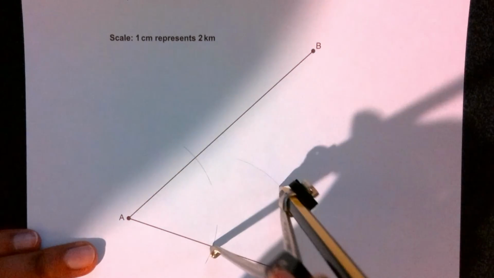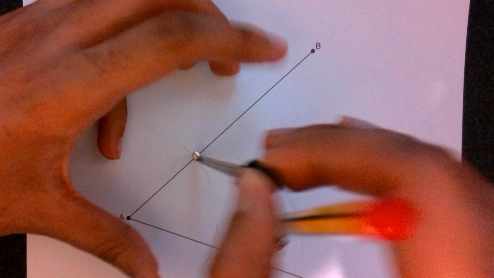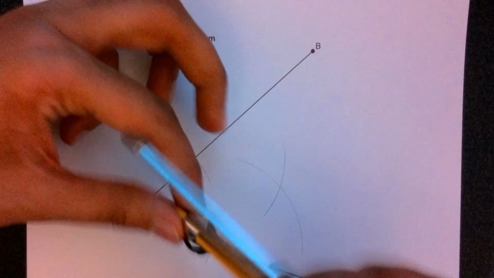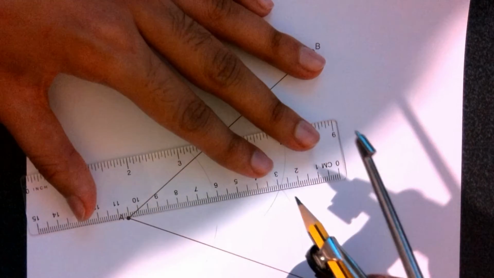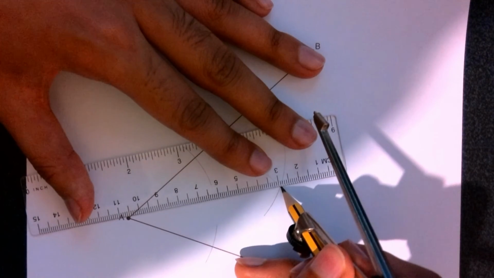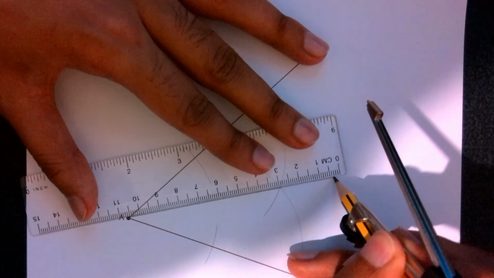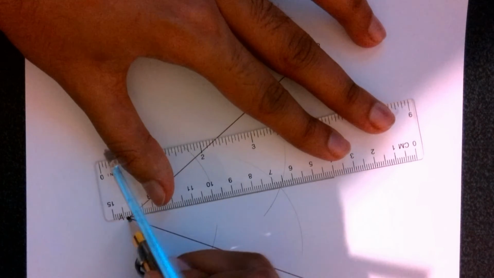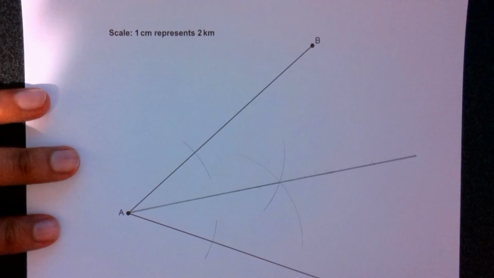Draw one arc, pointy bit over here, draw another arc, and then join this to this. So if we do that like so, and then perhaps draw a bigger line like so. That's the first bit.